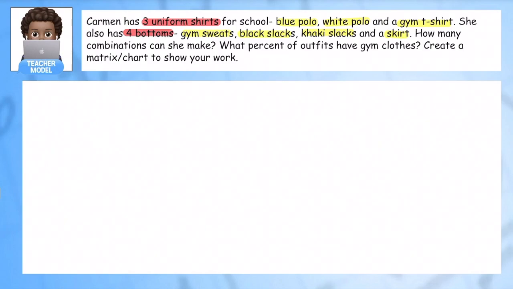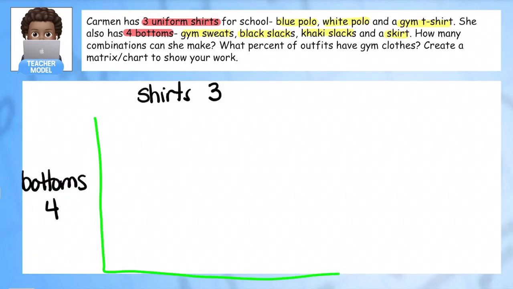Okay. So I actually like a matrix way better than a tree. It's easier to draw and it's so much more organized. So I'm going to have the shirts on top and the bottoms on the side. And we know there are 4 bottoms and there are 3 shirts. So I'm going to make a big, let's do this in green, big rectangle.